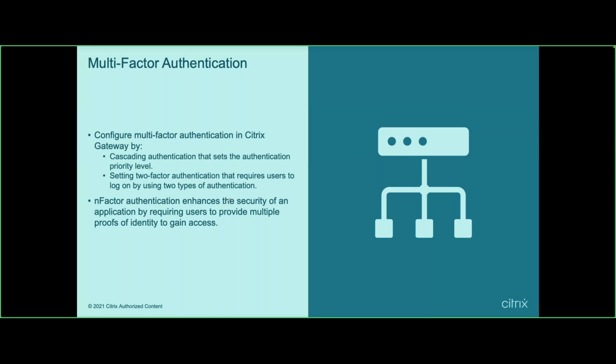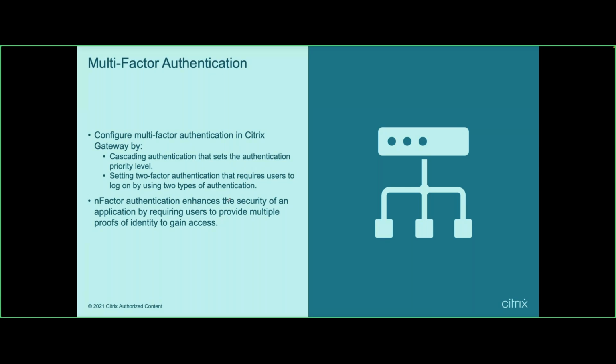So you can configure an LDAP authentication policy and a Radius authentication policy. When the user logs in, they authenticate first with the username and password, and then with the Radius, they need to put a PIN number, right? That is two-factor, or what we call multi-factor. Don't get confused between multi-factor and n-factor.